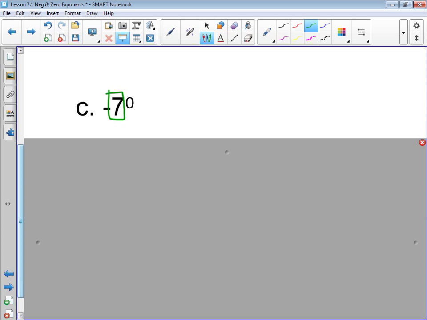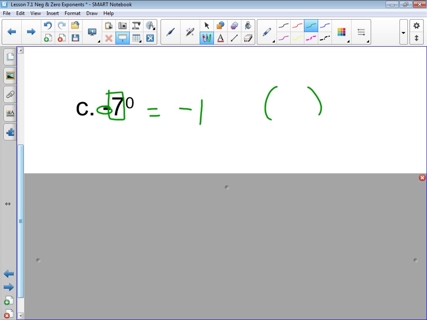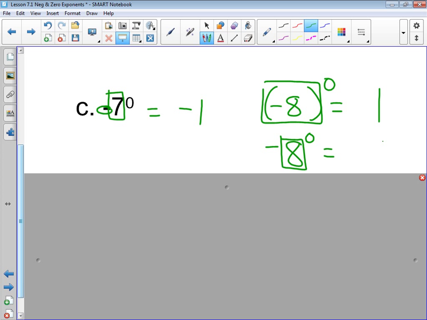And 7 raised to the 0 power is 1, and then you attach the negative symbol. So what's the difference? When you have something in parentheses that includes a negative, that's just 1 because everything is raised to the 0 power. When you have something that's not in parentheses, the only thing raised to the 0 power is the number itself, which equals 1, and then you tack the negative sign on. Again, if you're confused by these problems, that's why I'm teaching you ahead of time. Come to class and we'll do the work together and you can ask me questions.